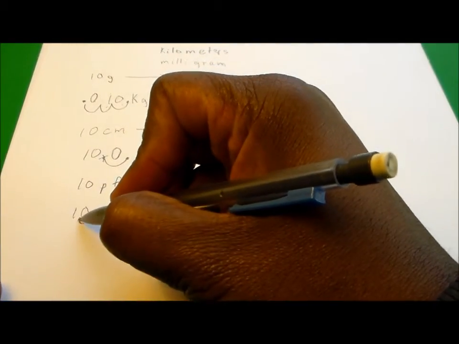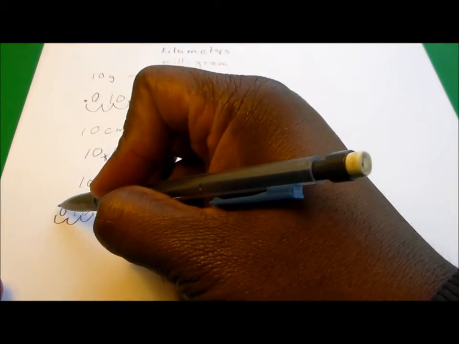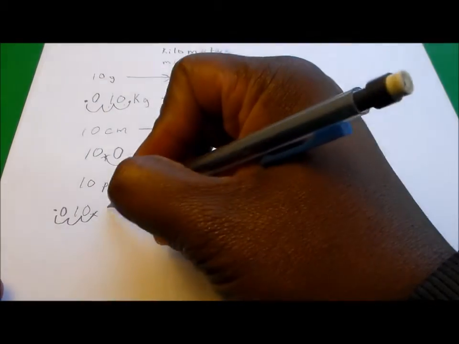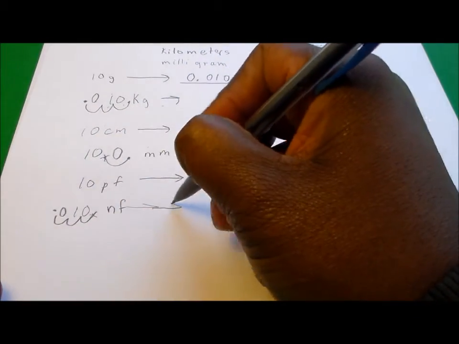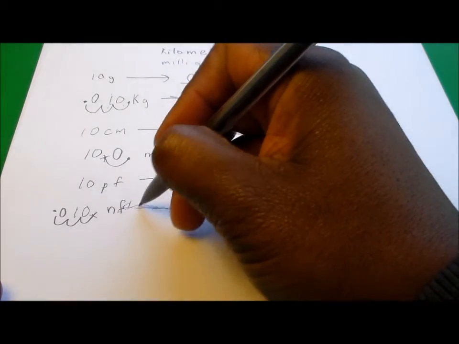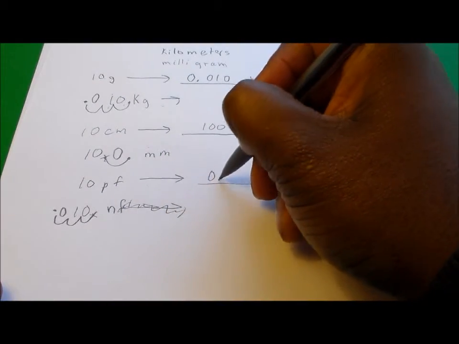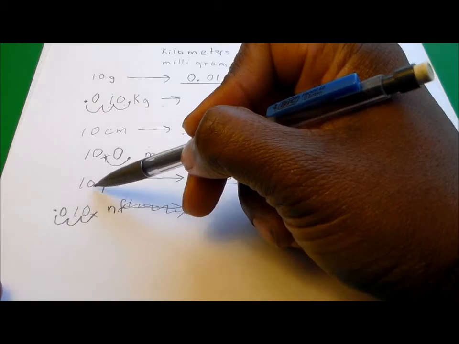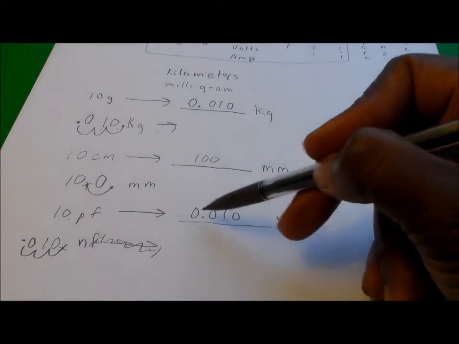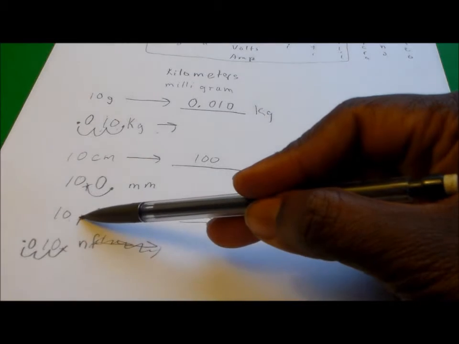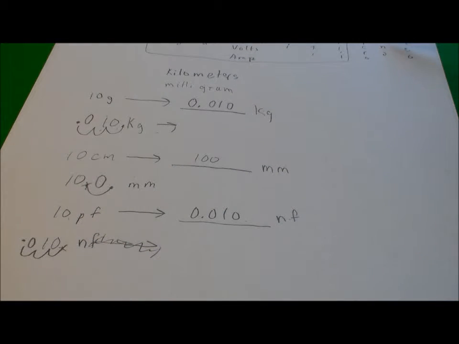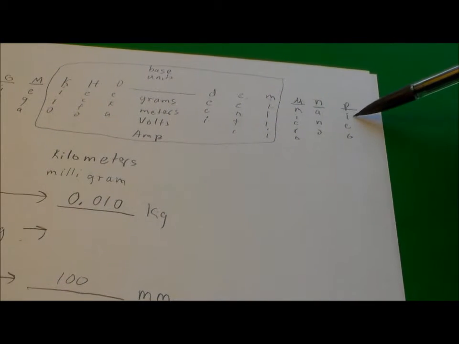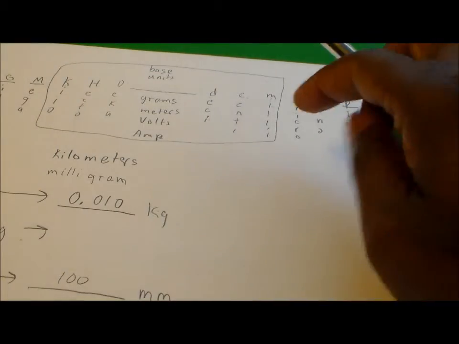So we go 1, 2, 3. Put the 0 here, put the new location of the decimal point there. So this is in nanofarads. That says then that 0.010 nanofarads is equal to the 10 picofarads. 0.01 nanofarads is equal to the 10 picofarads. And we had to move the decimal point towards the left because we had to move from pico over to nano, going towards the left.